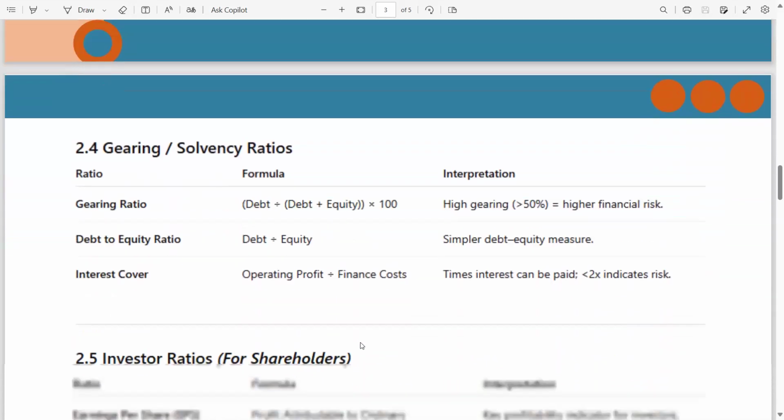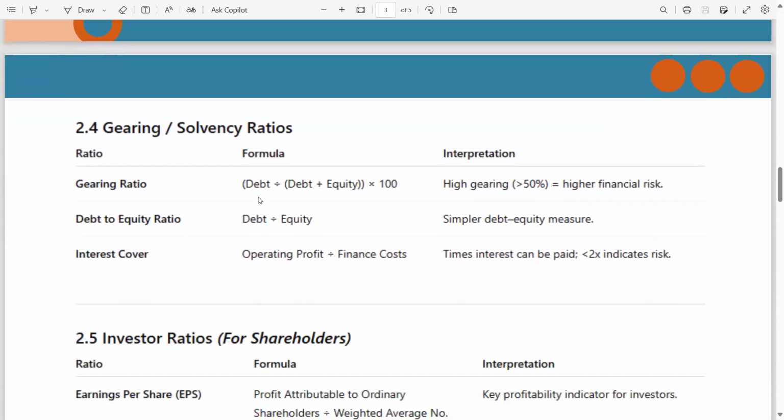Okay, now we have gearing solvency ratios. Please, guys, be attentive. Gearing ratio, formula: debt divided by debt plus equity. Again repeating, debt divided by debt plus equity, multiplied by 100. Interpretation: high gearing, greater than 50%, means higher financial risk.